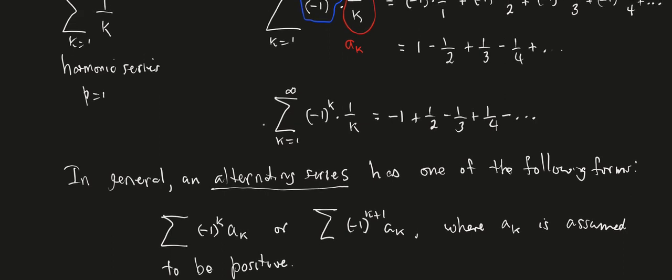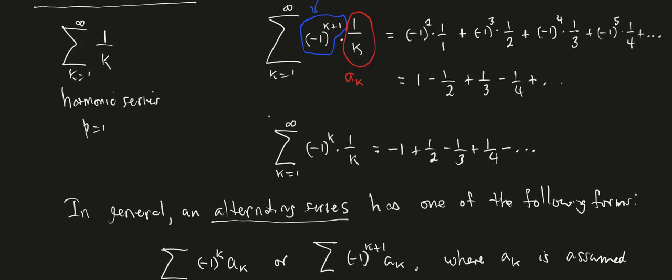Now, if we go back up to the example that we started with, I reminded you of the name for this special p-series, the harmonic series. And over here, where we've included this alternating factor, we refer to this as the alternating harmonic series.